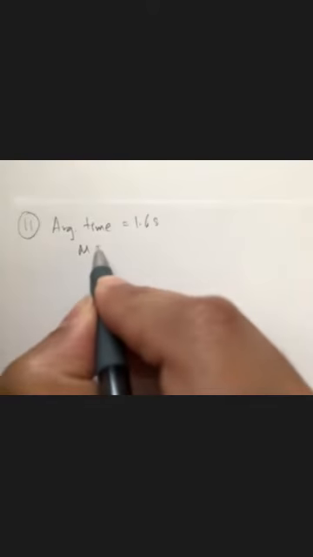So it says average time 1.6 seconds. Let's call this average mu. Part A is: use an exponential density function to find the probability that a customer waits less than a second for credit card approval.